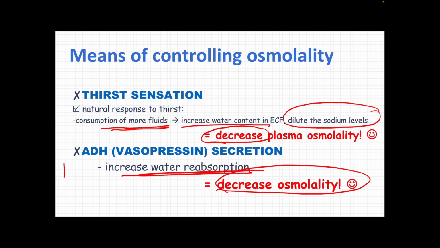A 1 to 2% increase in osmolality would cause a 4-fold increase in ADH concentration in the blood. And a 1 to 2% decrease in osmolality would shut off ADH production. And just an added idea, ADH has a half-life of 15 to 20 minutes.